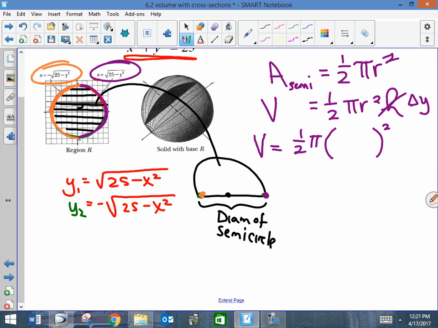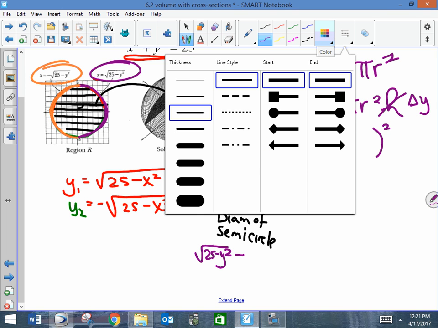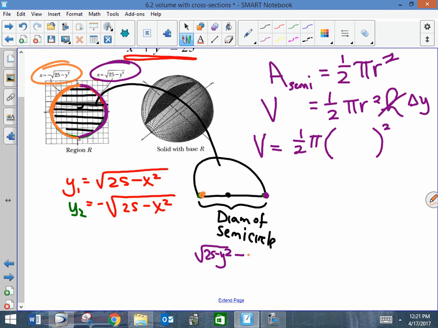So what is that? Purple is the root of 25 minus y squared. And what's orange? Negative root 25 minus y squared.